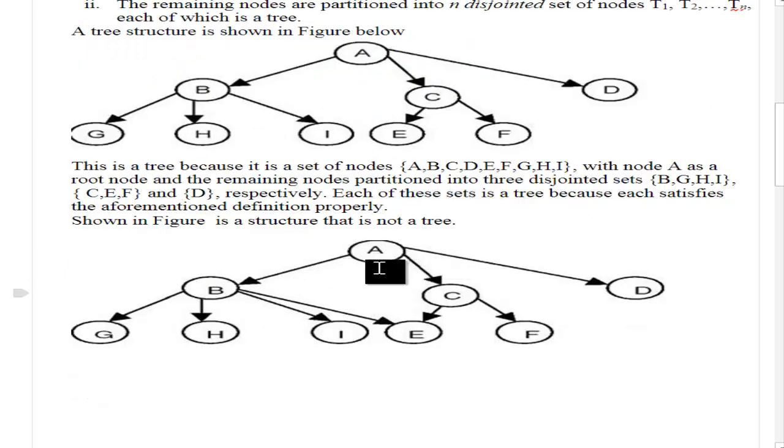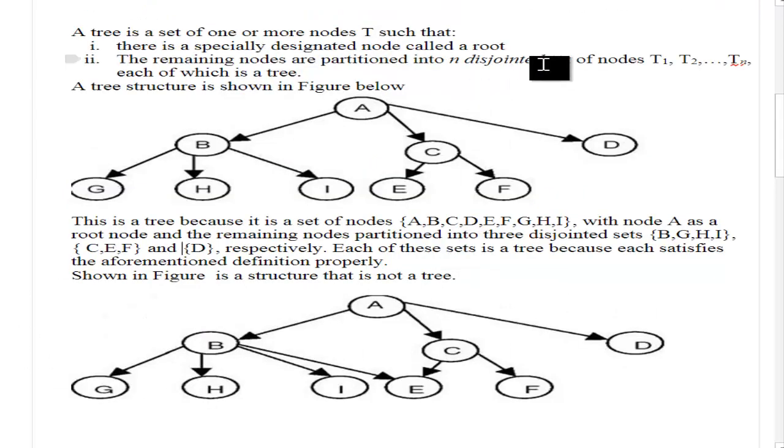If we see this as a tree, we can't say this is a tree, because if you see this arrow between B and E, you can't make them separate sets here, so that doesn't satisfy the second condition. So this is not a tree.